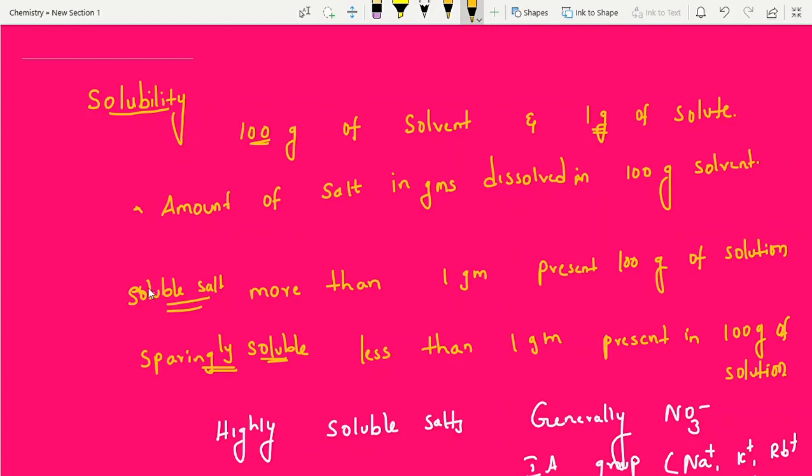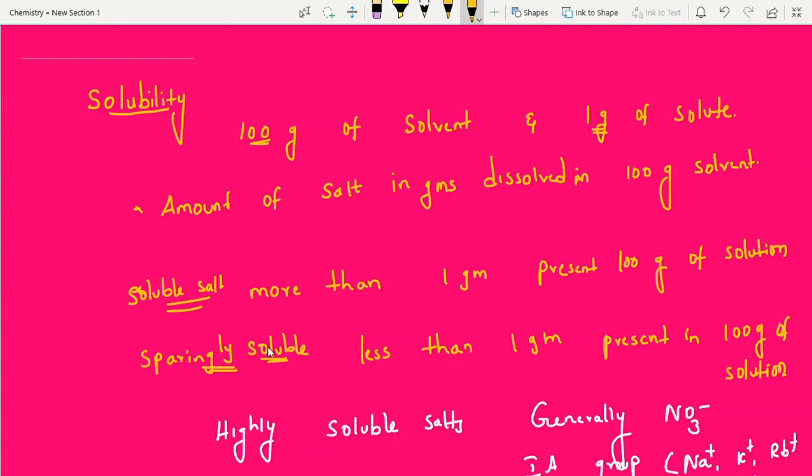Now here, soluble salt, it is more soluble. We are seeing in labs also, and hearing about soluble salts, more soluble salts, sparingly soluble salts, insoluble salts, right? What is a more soluble salt? That means more than 1 gram present in 100 grams of solution, that we call a more soluble salt.